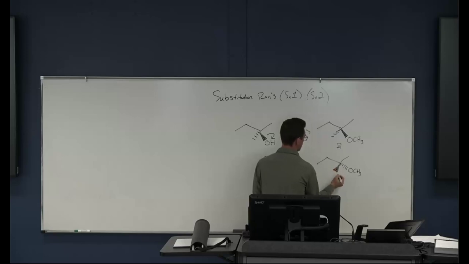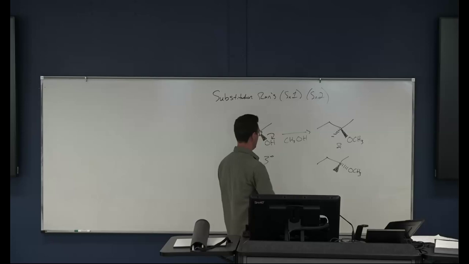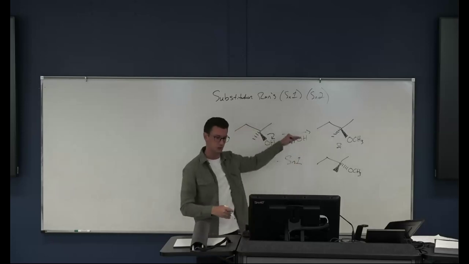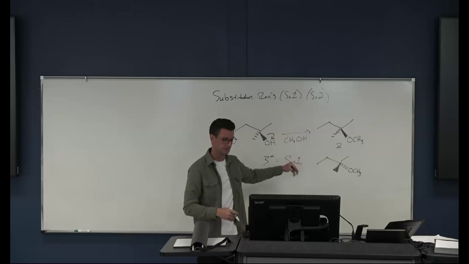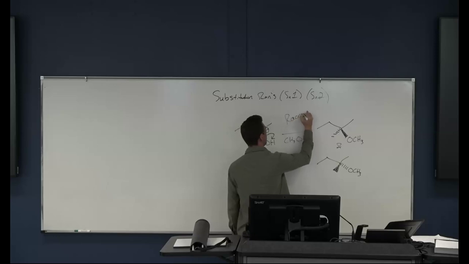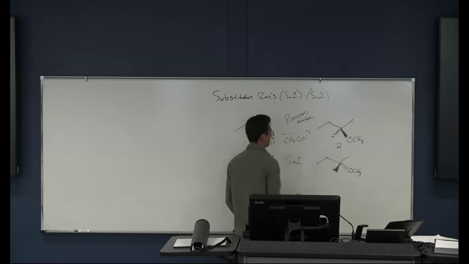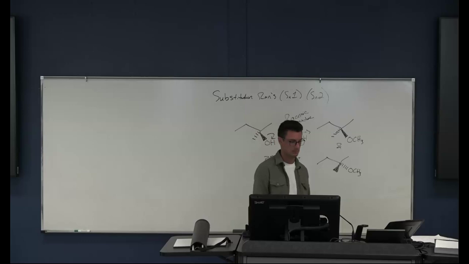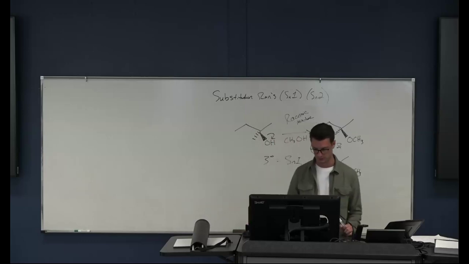All right, so again, this Sn1 reaction is going to have a mixture of the two configurations, and we commonly will see this as a racemic mixture, which is, in a nutshell, a 50-50 mix of the two configurations.